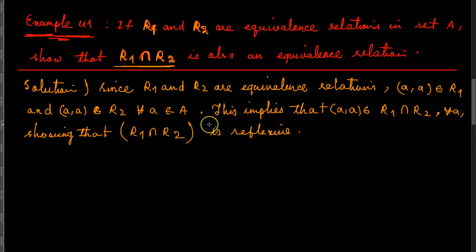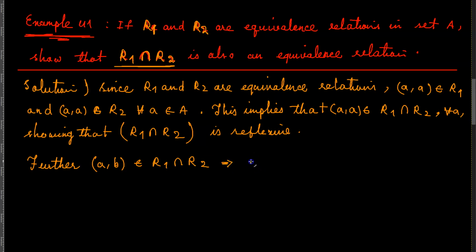Further, (a, b) belongs to R1 intersection R2 implies that (a, b) belongs to R1 and (a, b) belongs to R2.